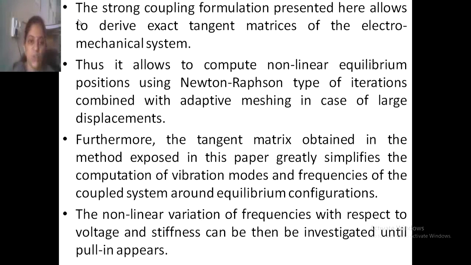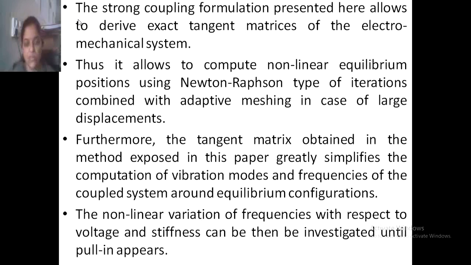Thus, it allows us to compute non-linear equilibrium positions using Newton-Raphson type iterations combined with adaptive meshing in case of large displacements.